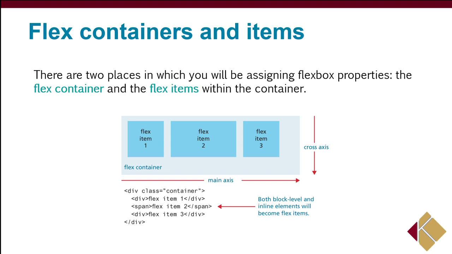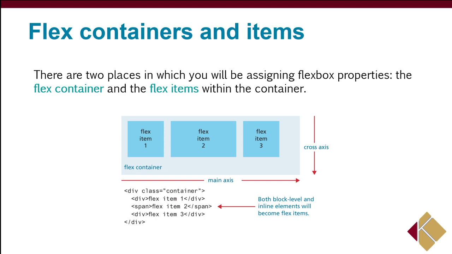Within the flex box itself, the flex container, there is a main axis and a cross axis. The main axis is that left to right axis. It's the X axis, and then the cross axis is the Y axis.